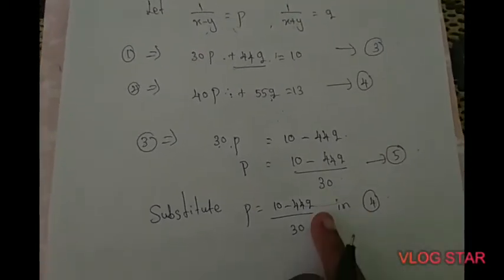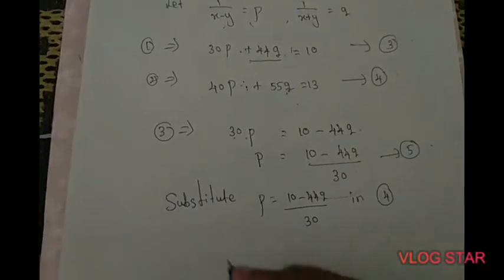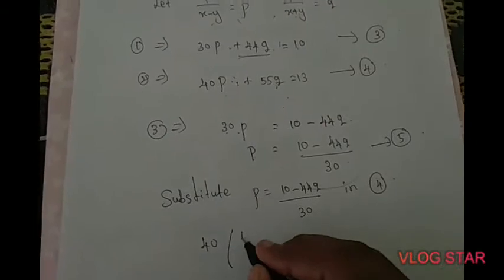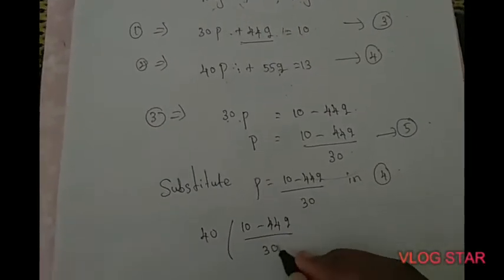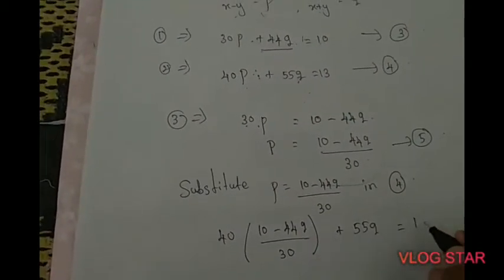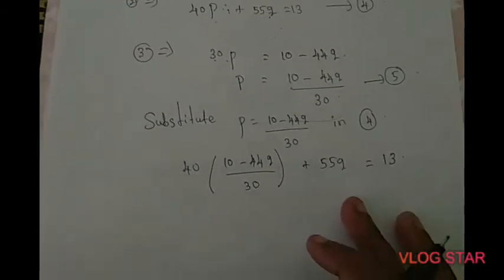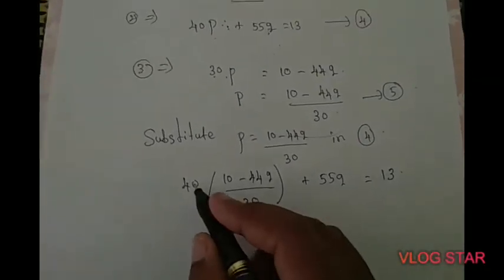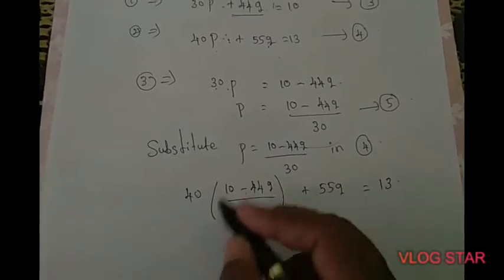Then now I substitute the p value in fourth equation. Then we will get 40 into p value, 10 minus 44q divided by 30, plus 55q equal to 13. The next step, we will multiply by 40 for the whole term.